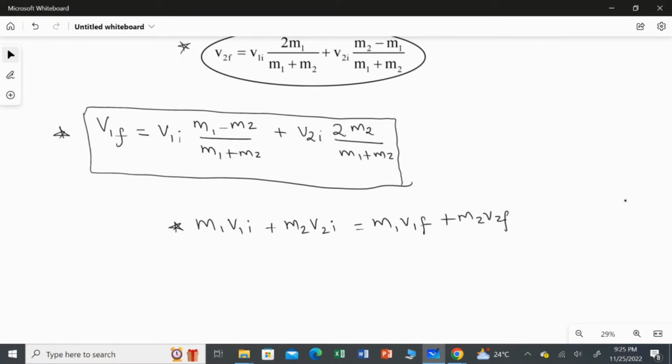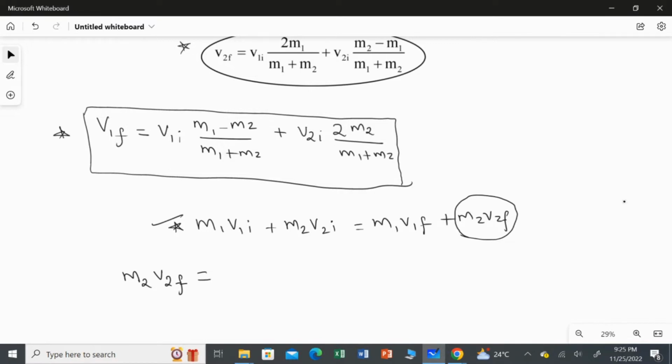How am I going to modify this equation? I'm going to frame it in terms of m2 v2 final. I'm going to keep m2 v2 final on one side, and take the rest of the terms to the right-hand side.